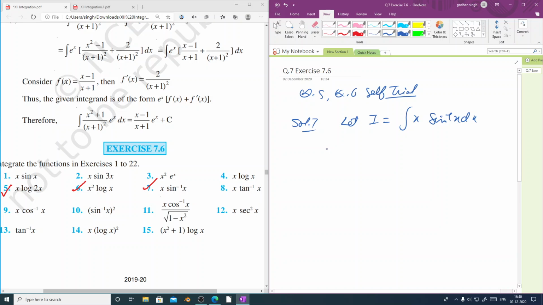By simply putting sine inverse x as, say, theta. Let sine inverse x equal to theta. Therefore now we'll integrate this whole function in terms of theta.